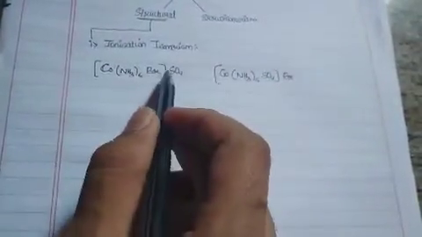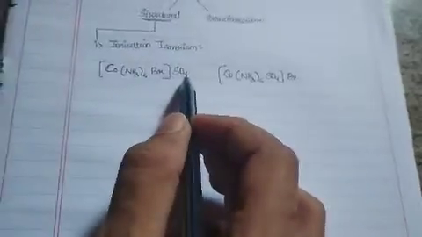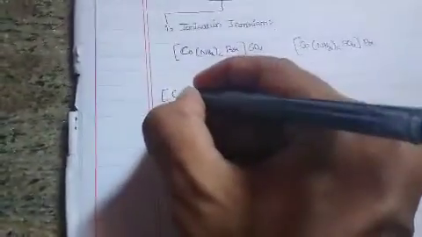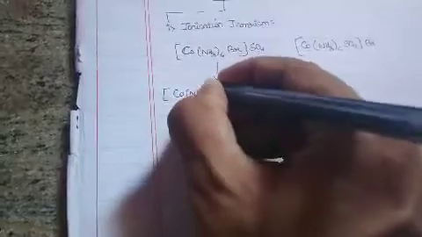So we know that whenever you choose a complex and dissolve it in water, of course the counter ion will be one ion, and overall the complex within the square bracket will be one ion. So on dissolving this one, what happens? This will give you [Co(NH3)5Br]2+ plus SO4 2 minus.